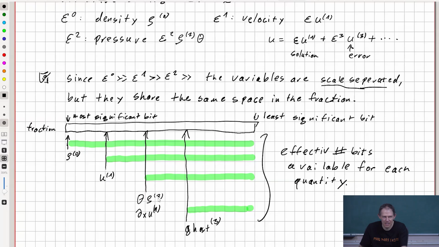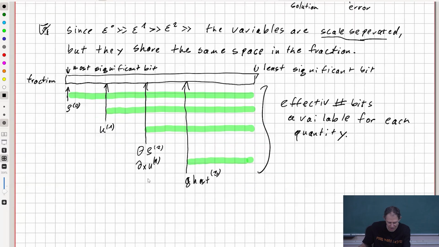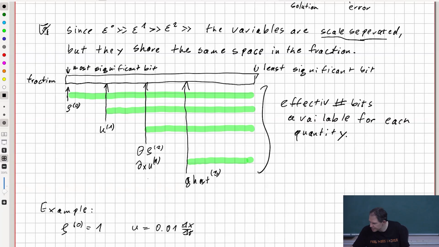So let's just make an example. Say we have rho to 0 order is 1 and u is 0.01 delta x by delta t.